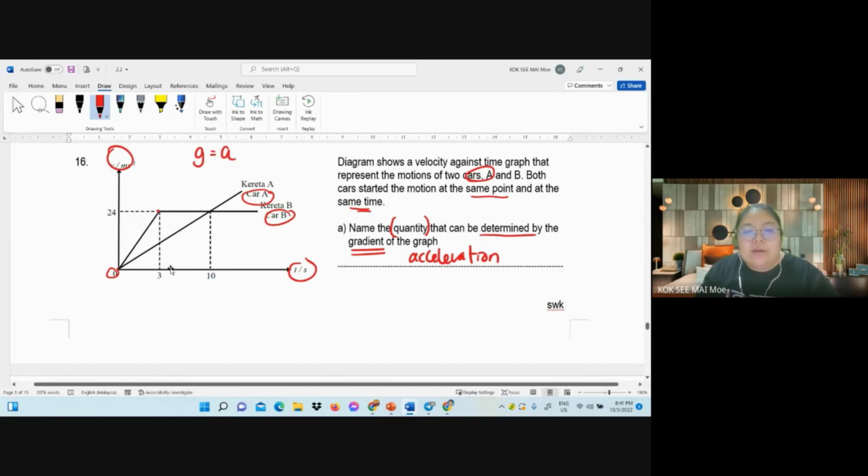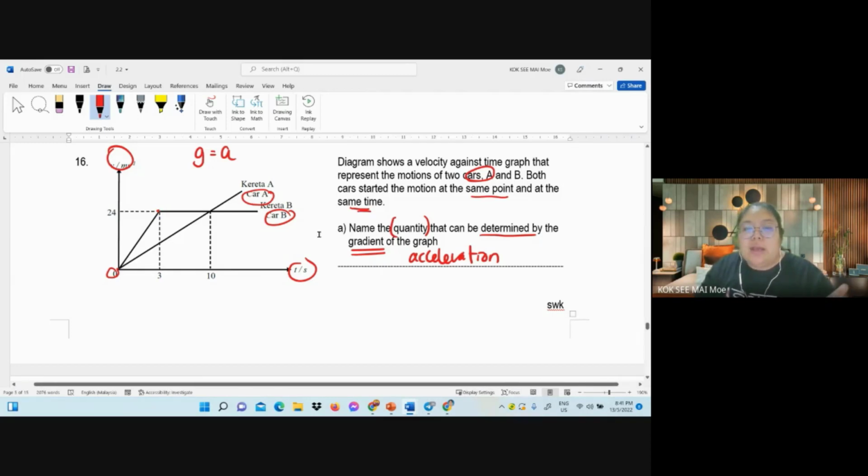For the first 3 seconds, what happened? Velocity increased uniformly. After 3 seconds, what happened for car B? Car B is moving with zero acceleration, or you write constant velocity. So this you need to mention for car B.